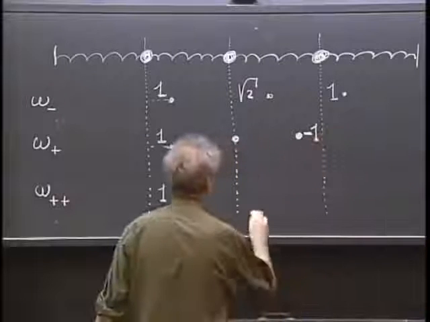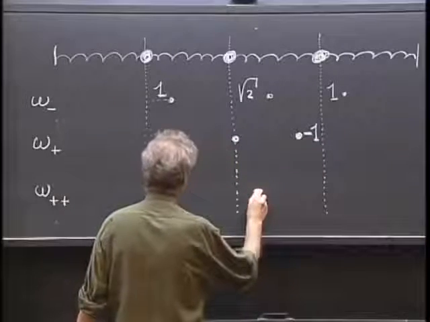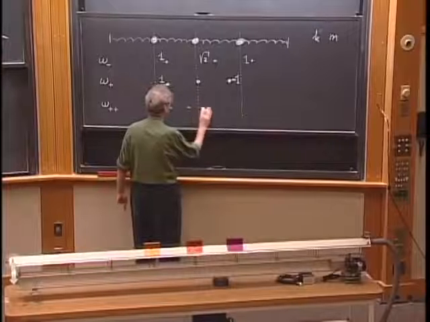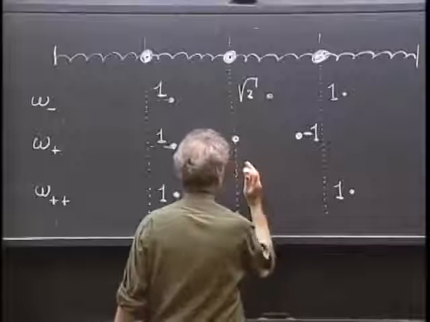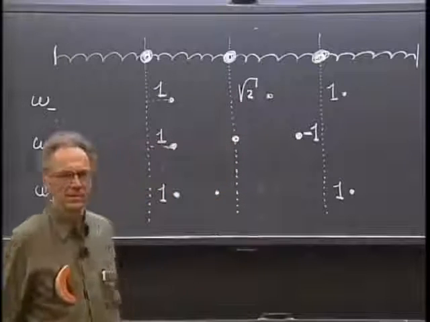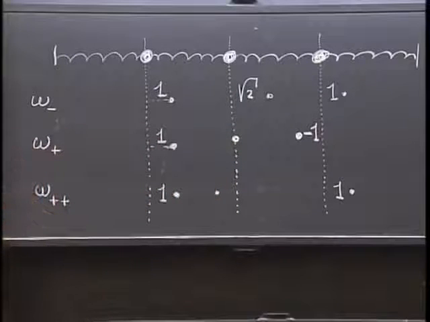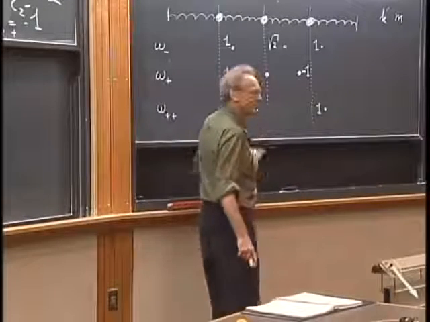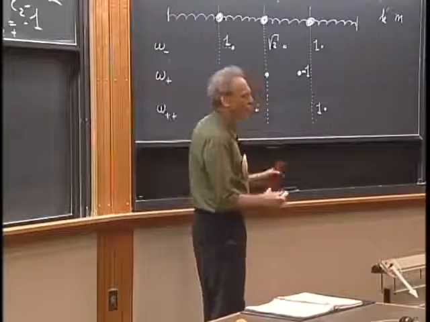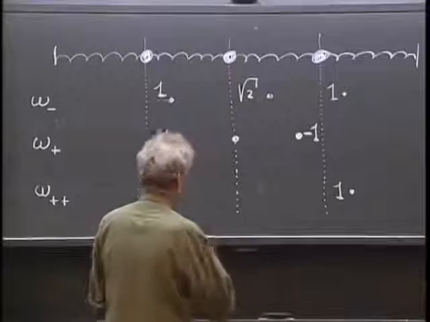Shall we put this one at +1? Sorry, -1. And this one at +1? Or shall we change the +1, the -1 here? Don't feel bad. I wouldn't have been able to do it either. Shall I tell you what it is?